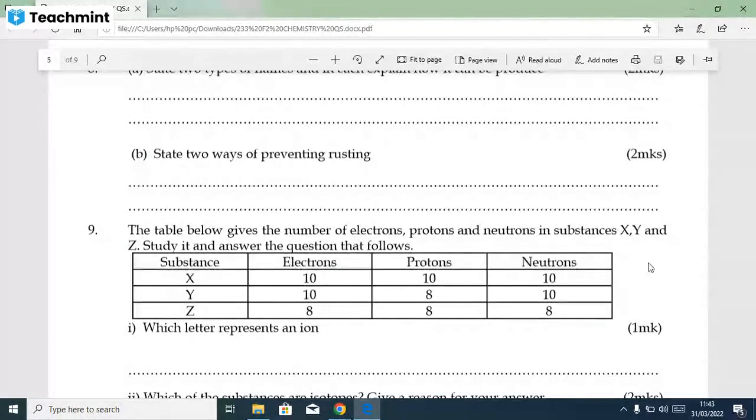State 2 ways of preventing rusting. You can state even 5 if you know them. Just to remind ourselves. Painting. Oiling. Coating with other metals.